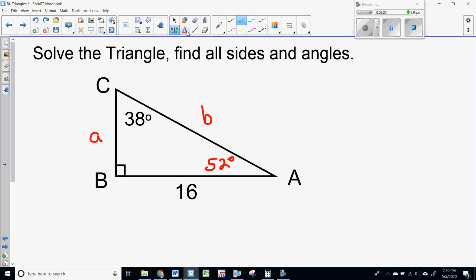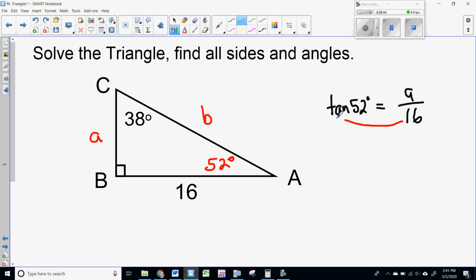Let's use tangent. You can use any one of these. There's a lot of different ways you can do this. So I'm going to say tangent of 52 is a over 16. I could have used cosine of 52 is 16 over b, just like before. However, lots of different ways. We said there's 6 different ways.